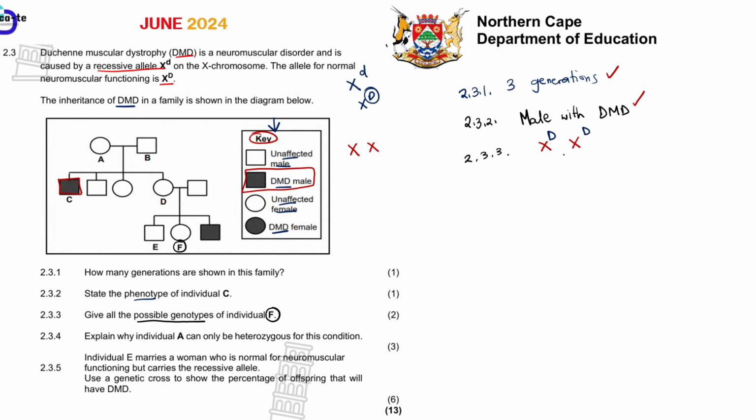When she has got 2 dominant alleles, she's not affected, or she doesn't have this Duchenne muscular dystrophy. So this is the first possibility for individual F.